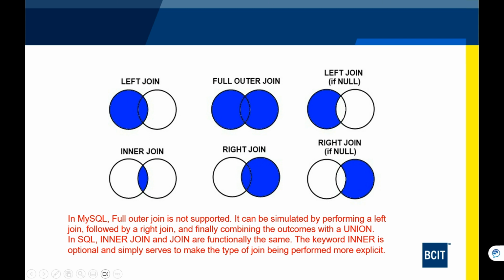A full outer join basically means that we have two entities, so we have two sets, two ovals overlapping each other. We are assuming that this is our entity one and this is our entity two. The colored fill in the middle is the common values and common attributes between these two entities, and the rest, which is not overlapping, is distinct or different values.